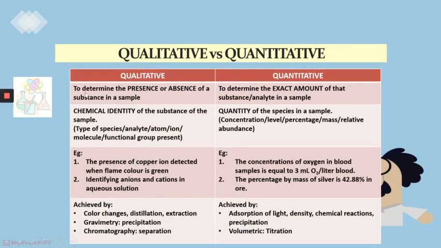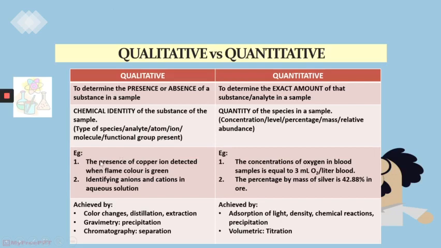Qualitative analysis is to determine the presence or absence of a substance in a sample. So when you do qualitative analysis, you will determine the chemical identity of the substance in the samples. You may determine the types of species, analyte, atoms, ions, molecule or functional group.